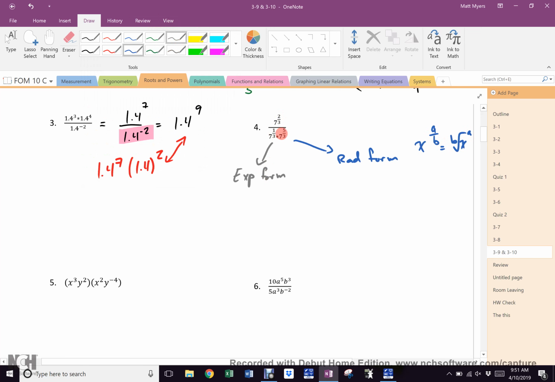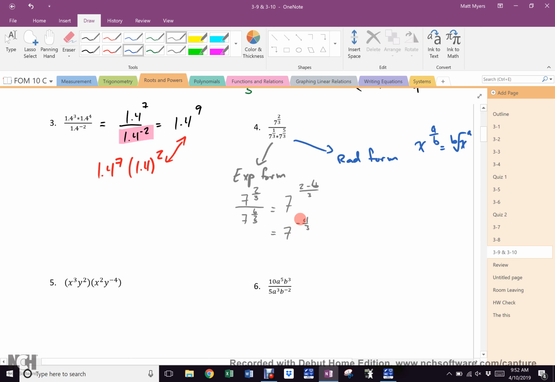What should I do with these 2 exponents on the bottom? Add. What is 1/3 plus 5/3? 6/3. Yay. Now what do I do with those exponents? Subtract. What is 2 minus 4 over 3, or 2 minus 6 over 3? 7 equals negative 4/3. Can I leave it like that?